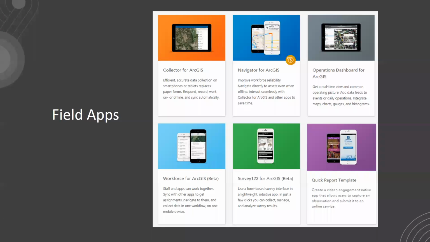Now, apart from the office applications and the community-facing applications, the apps that we would like to shed some light on in this webinar are the field applications. Some of these applications can work both online and offline. Offline means you can save the data that you have gathered from the field on the device that you collected it on.